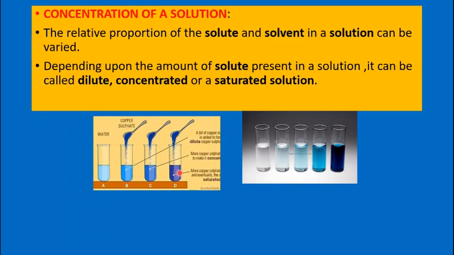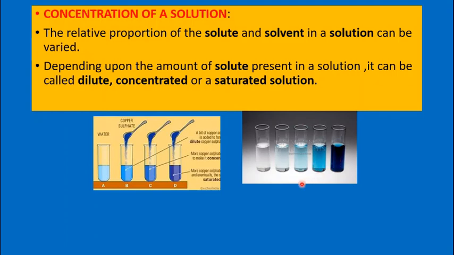When we see the final result, we can see the color difference. We can see the first, second and third as dilute solutions, this one as the concentrated solution, and the last one as the saturated solution.